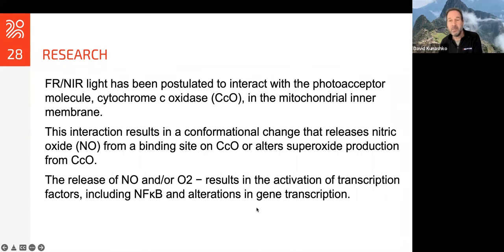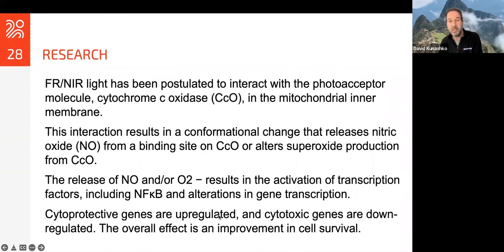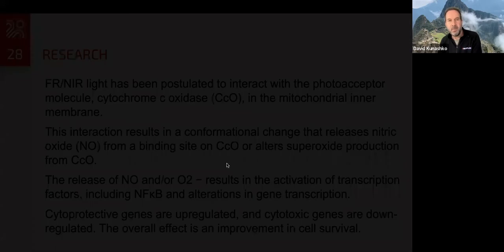And a lot of these things will lead to positive effects, including cytoprotective genes being upregulated. That just means there's proteins called stress proteins that are increased that help the cell survive against things like inflammation. Okay, so the overall effect is improvement in cell survival or healing, right? This is what we're talking about.